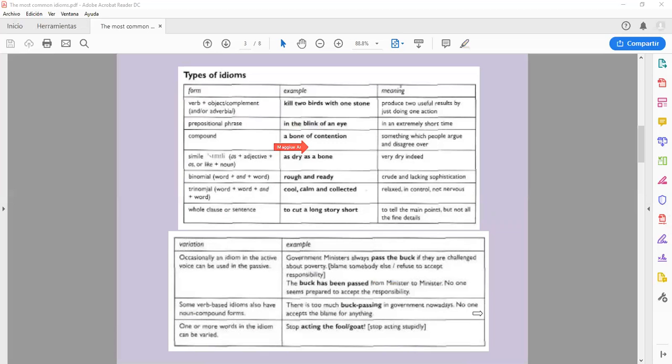Excellent, Sandra, pretty good. Religion is a bone of contention. Why? Because we can agree or we can disagree, or we can even argue and fight because of that topic. You know what?